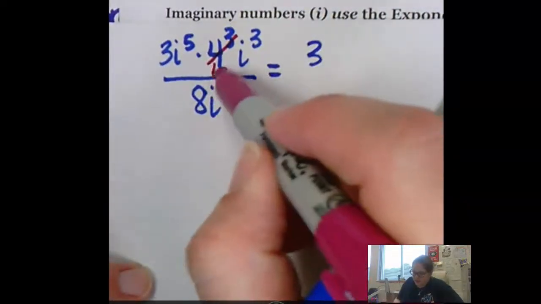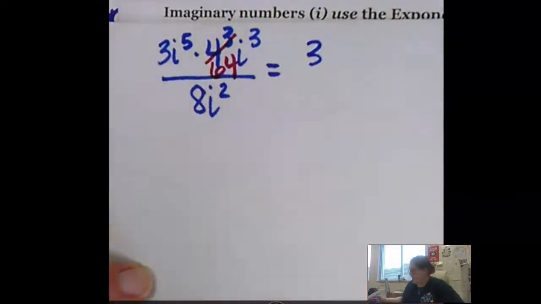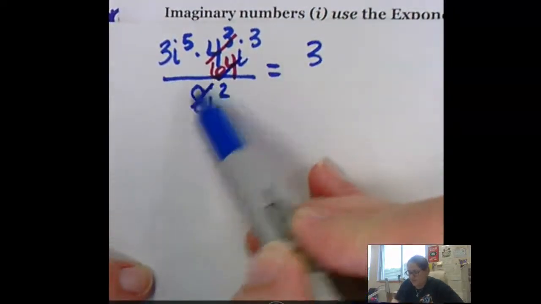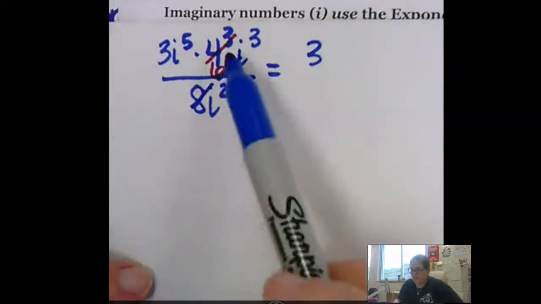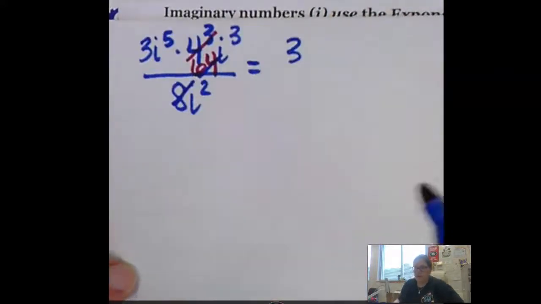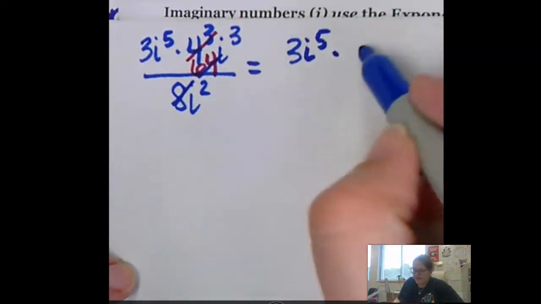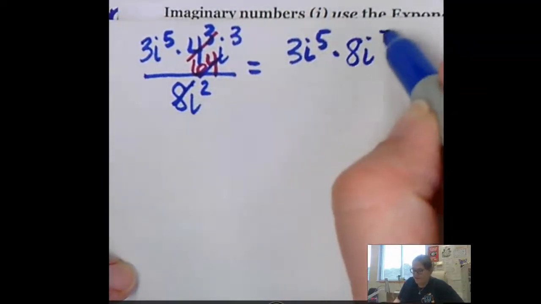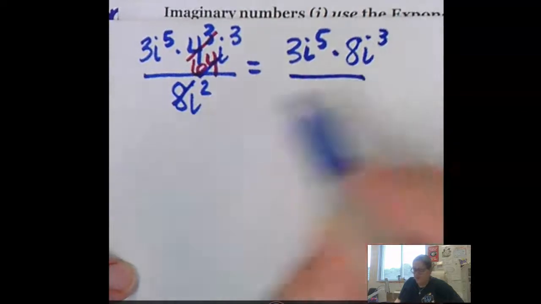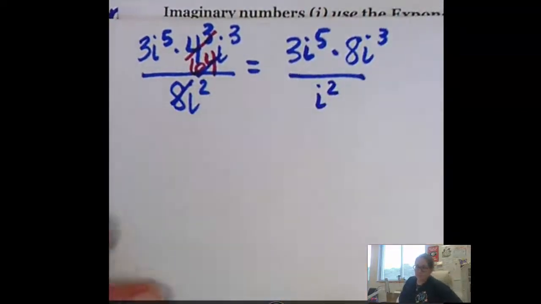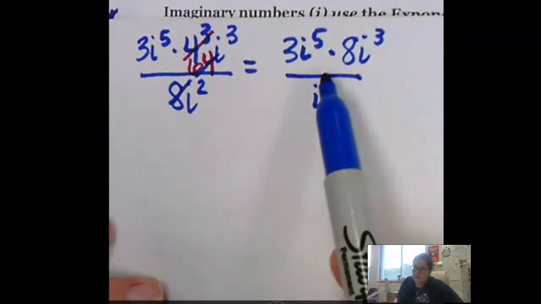Since this is 64 and I have 64 in the numerator and 8 in the denominator, I'm going to reduce that. 64 divided by 8 would be 8/1. So now I have 3i to the 5th times 8i to the 3rd over just i squared, because I canceled the 8 out. All right, so now I multiply the numbers just like normal.